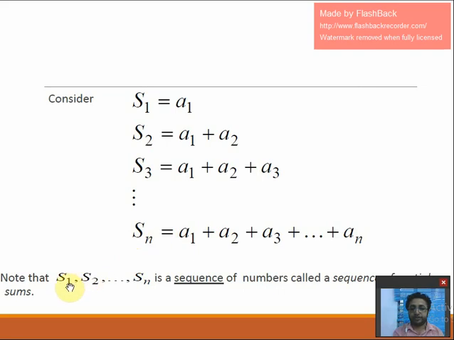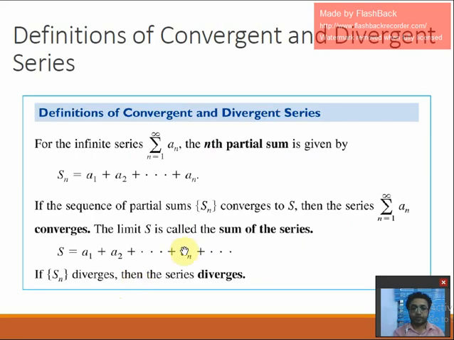If this sequence of partial sums S1, S2, S3 converges to some fixed value S, then we say the infinite series has a finite sum. So, S_n is equal to a1 plus a2 up to a_n. If this S_n converges to some value, suppose S, then we say this series is convergent and the sum value will be S. If S is going to infinity, then we say it is divergent.